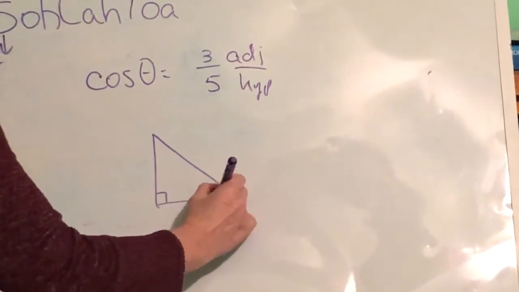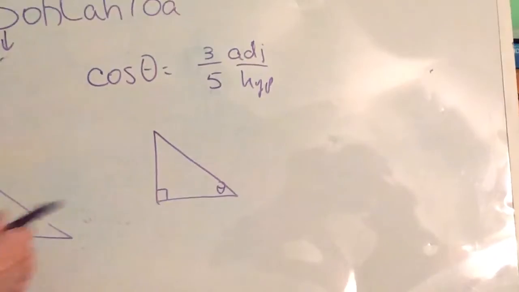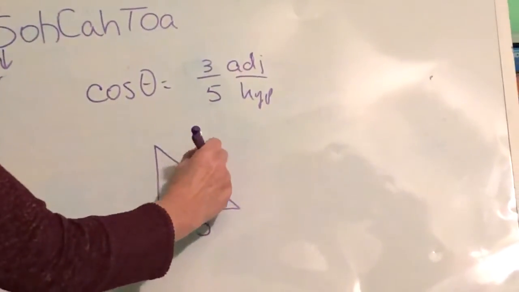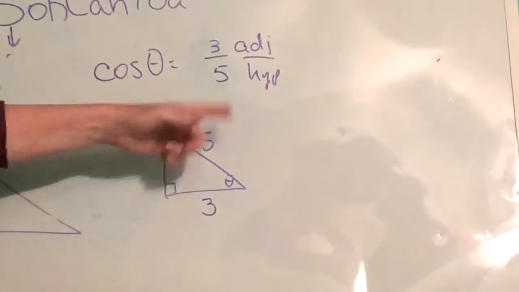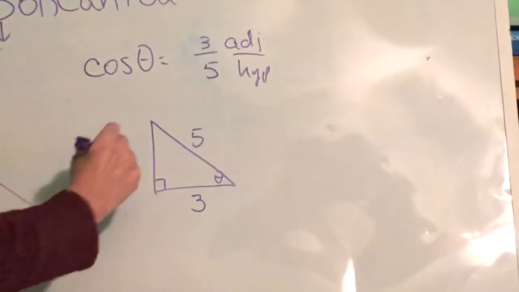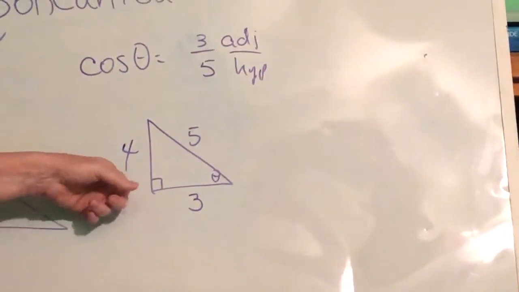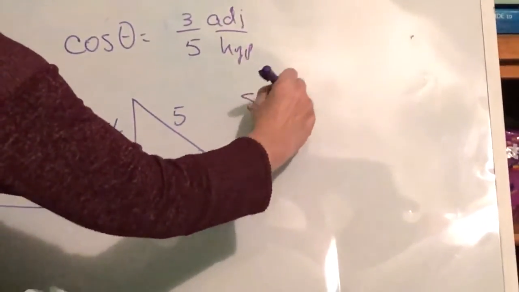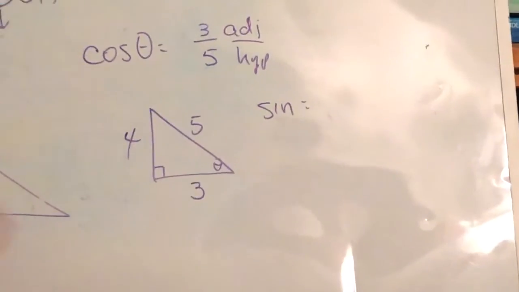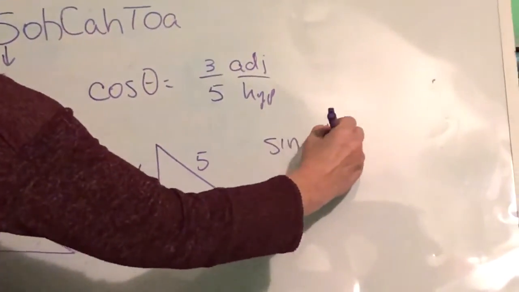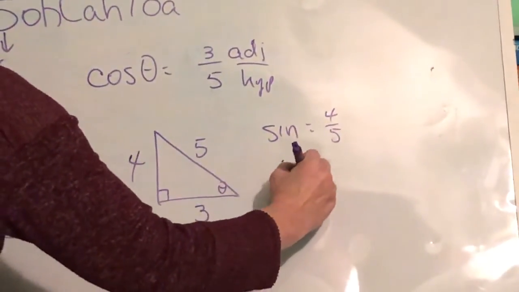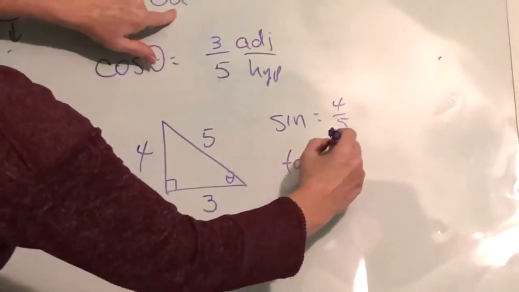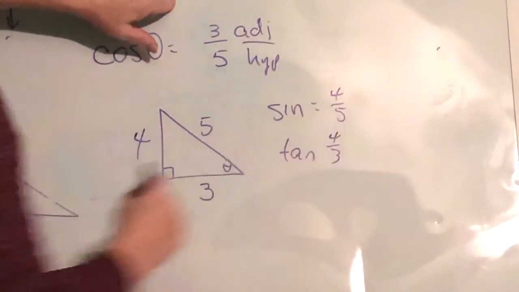So I can fill those in. If this is my theta, and I can pick whichever one I want to, then the adjacent will be here, the hypotenuse will be here, and then by using the Pythagorean theorem, I can once again determine that this is 4. So now I can go on and say that sine is opposite over hypotenuse, which is 4/5, and that tangent, opposite over adjacent, is 4/3.